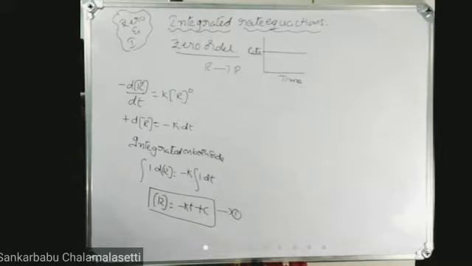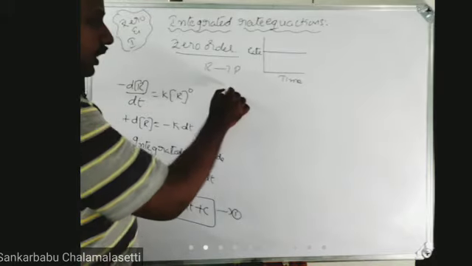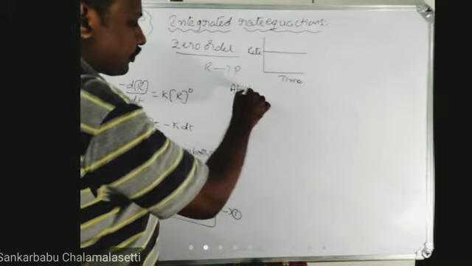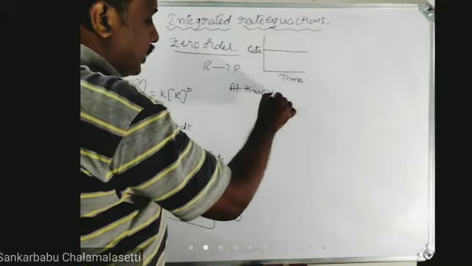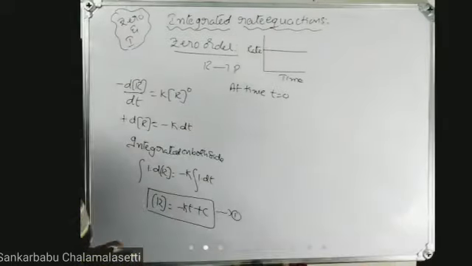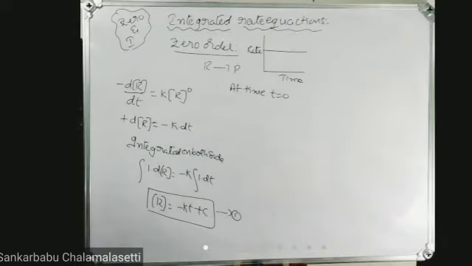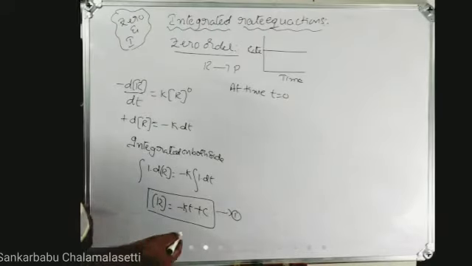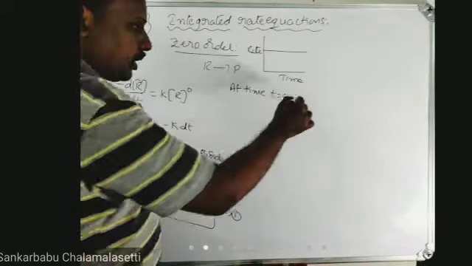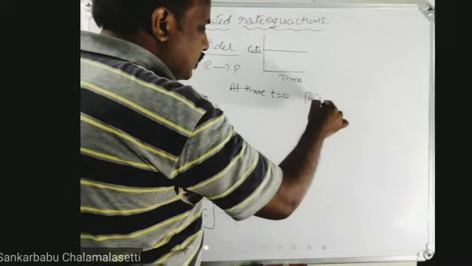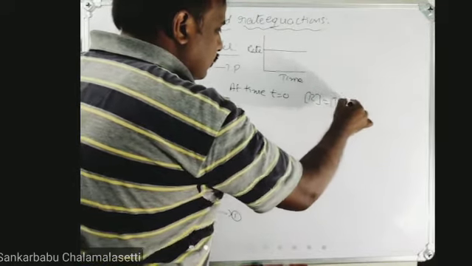In the integration, we are adding a constant c. Now we have to find out the value of c. How will we calculate the value of c? At time t is equal to 0, the concentration becomes R is equal to R naught.